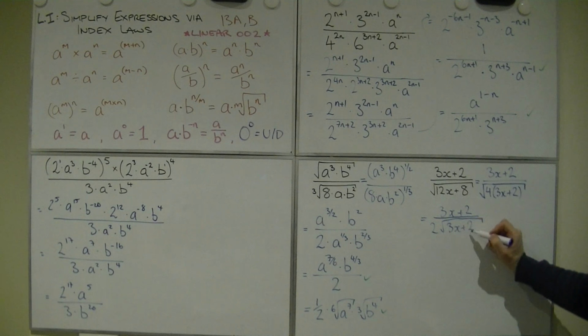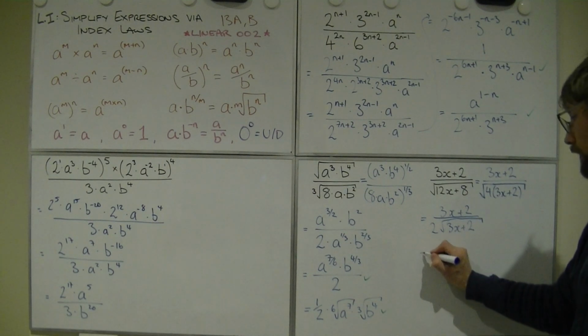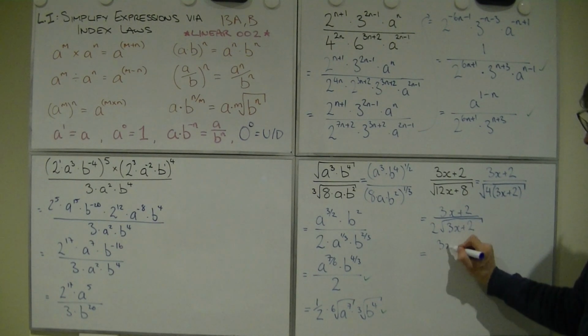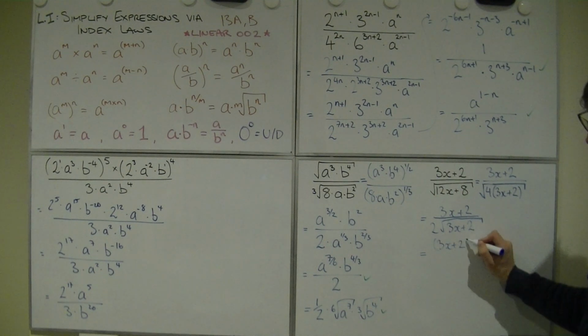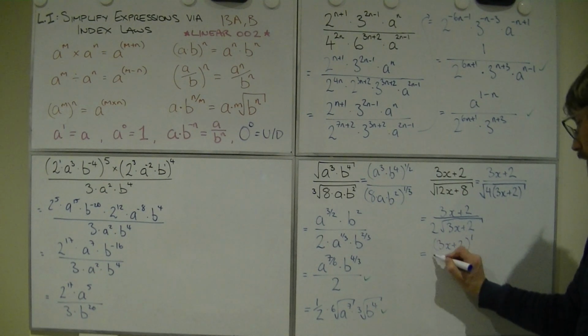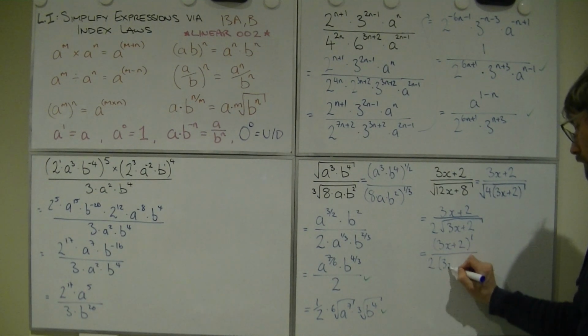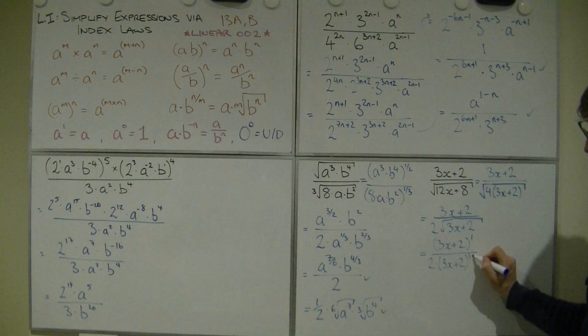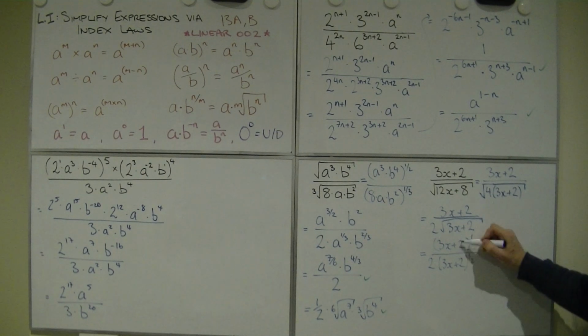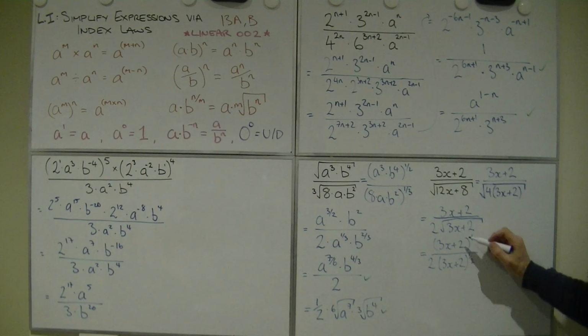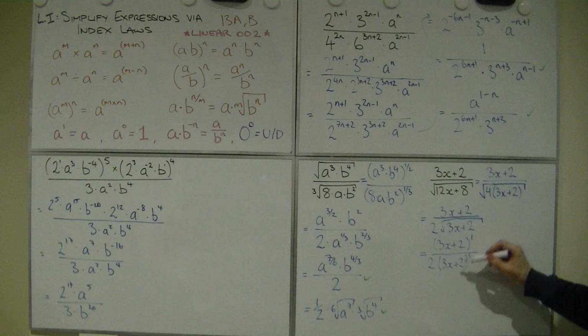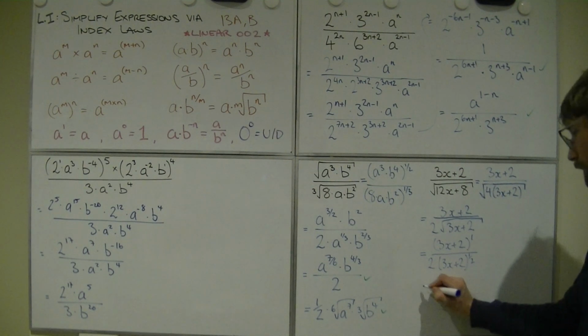Well, I've got all of this thing to the power of a half, so I can think of this as this whole thing to the power of 1 divided by 2 to the same thing to the power of a half. Okay, this thing to the half divided by this thing, this thing to the 1 divided by this thing to the half. 1 minus a half would be a half still.